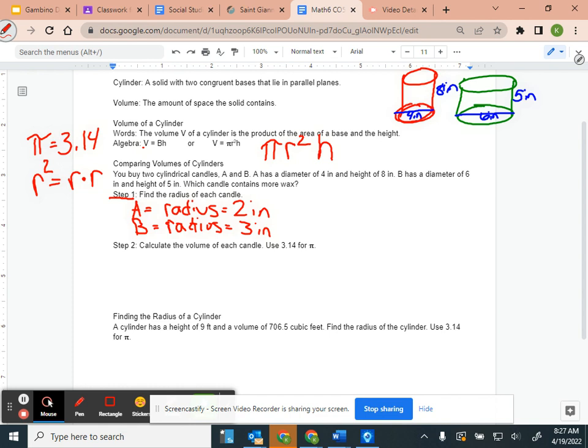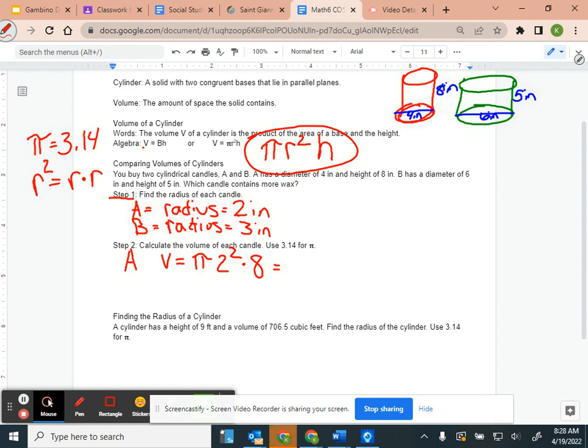Step 2 is calculate the volume of each candle using this formula. So for A, the volume equals pi r squared times the height, which is 8. So that would be 3.14 times 2 squared, which is 4, times 8.